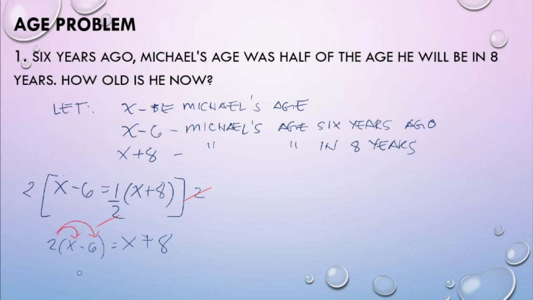So, this will become 2x minus 12 equals x plus 8. Then simplify, combine like terms. So magiging 2x minus x equals 8 plus 12. Simplify, x equals 8 plus 12 is 20. So therefore, 20 is the age of Michael at present. And this is our answer.